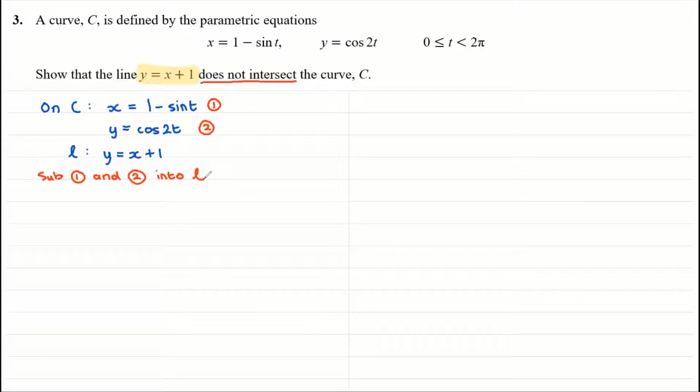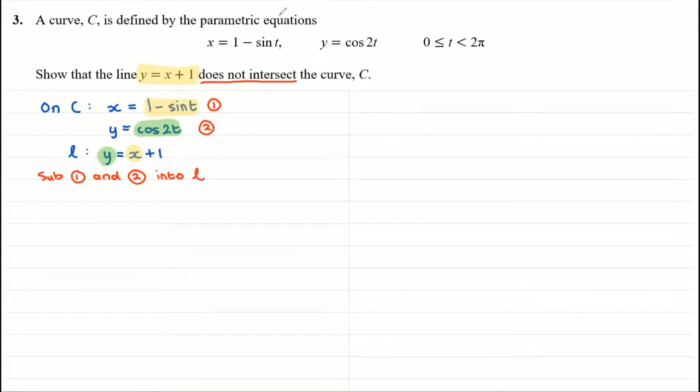That's if they intersect. So we're going to show that they don't. Now, if we just assume that's the case, then if y is equal to x plus 1, I can replace this y here with cos 2t. Similarly, the x on the right-hand side I can now replace with 1 subtract sine t. And that's exactly what I'm going to do.